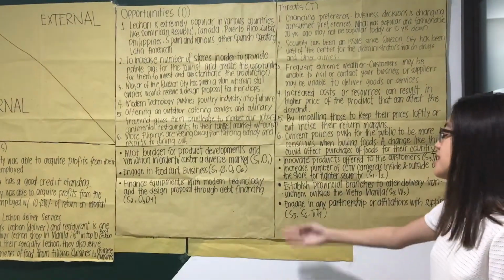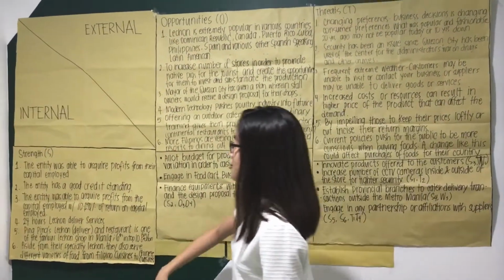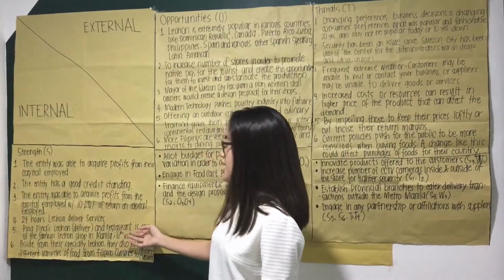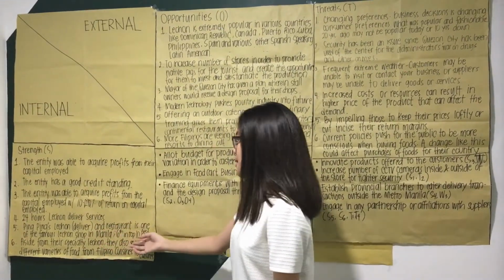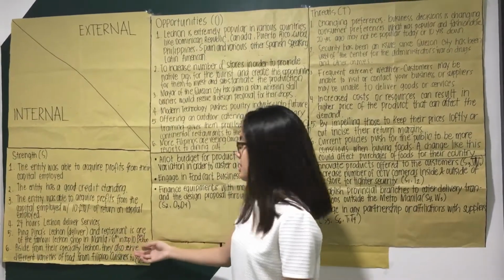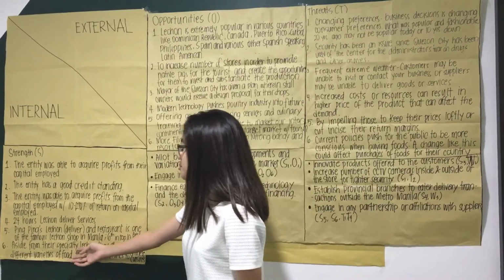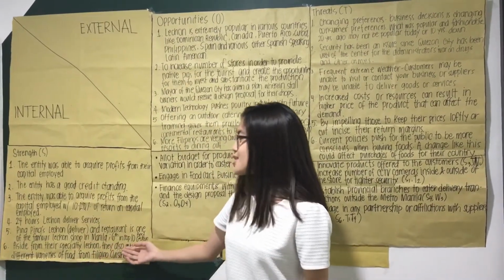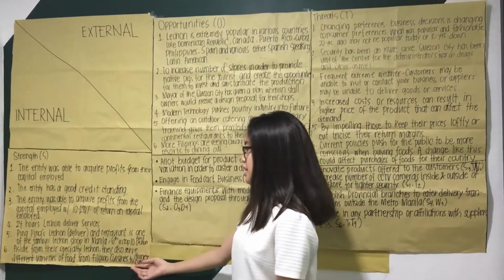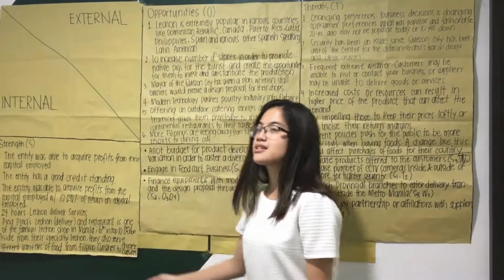And lastly, they also include the strength of Pingping's Lechon and Restaurant as one of the famous lechon in Manila, being 6th in the top 10 of best lechon. Also, the strength that aside from their specialty lechon, they also serve different varieties of food from Filipino cuisines to Chinese cuisines.